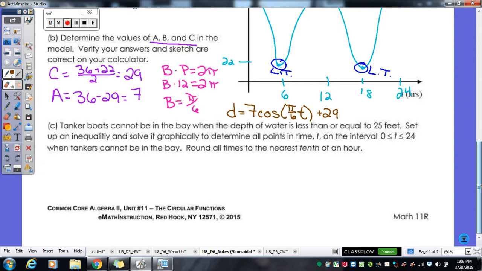All right, so letter C: tanker boats cannot be in the bay when the depth of the water is less than or equal to 25 feet. Set up an inequality and solve it graphically to determine all points in time on the interval of 0 to 24 when the tankers cannot be in the bay. Round all times to the nearest tenth of an hour.